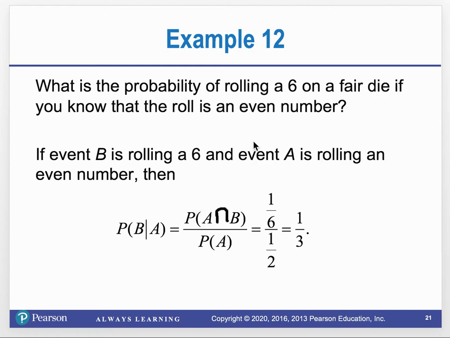If you know that the roll is an even number, the only ones you're concerned about are 2, 4, and 6, right? Because you know that roll's even. So what's the probability of a 6 if you have 3 to choose from? I think that's way easier than following this formula. But there's the formula for you if you so choose.